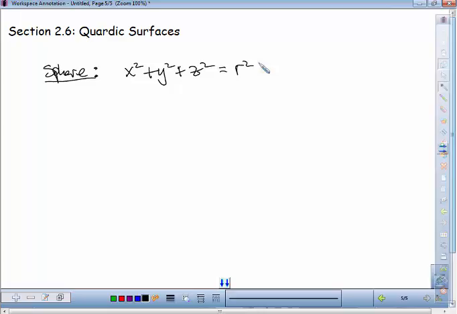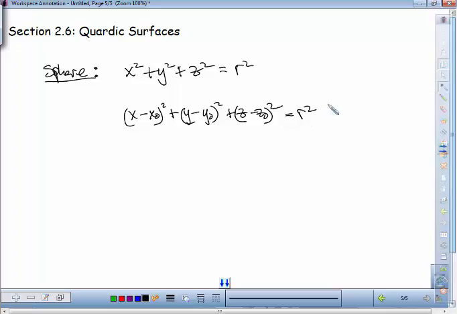And of course, if your sphere is off center, then you'll just have different center points. So x minus x naught squared, y minus y naught squared, z minus z naught squared is equal to r squared.